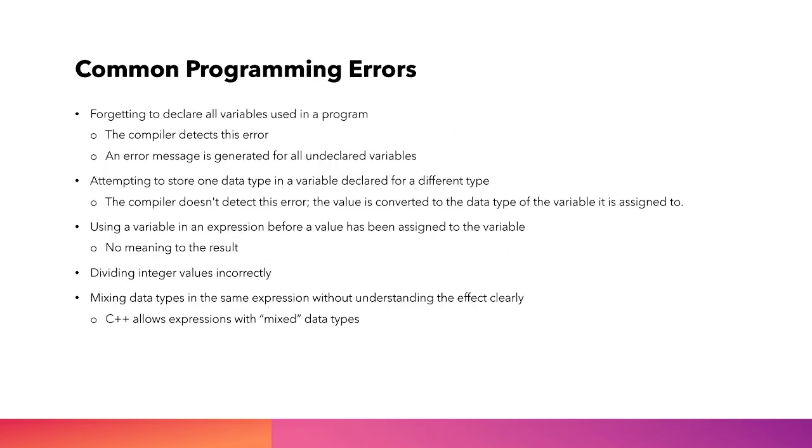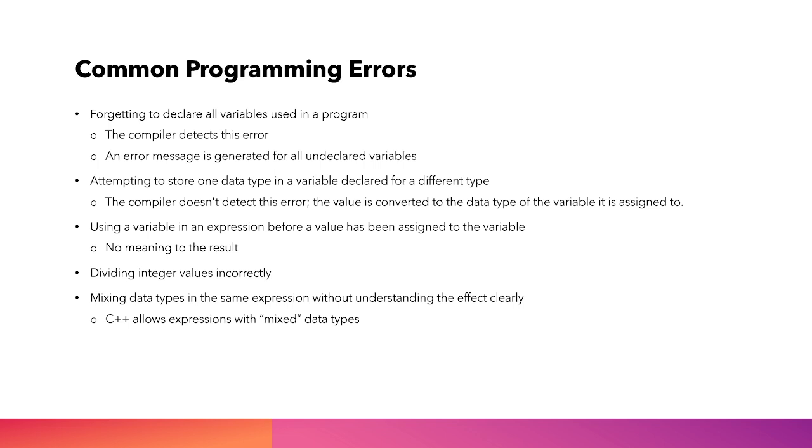Okay, let's go to common programming errors. You might forget to declare all variables used in the program. There the compiler will just throw an error. Or maybe attempting to store one data type in a variable declared for a different type. For example, you just want to put a character into a string, or an integer into a string, something like that.